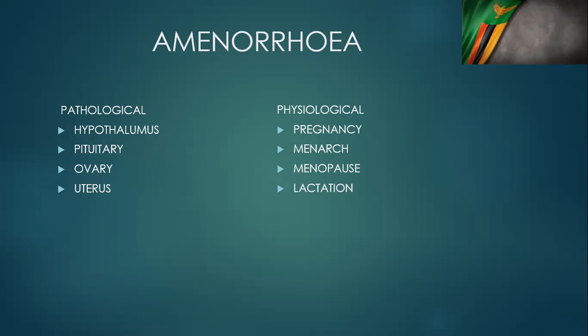Before you attain menarche, you're not having menses, because that's physiological amenorrhea. Menopause. Menopause is achieved around 51 years of age on average. We say you have early menopause if the menopause starts before 45 years. We say you have premature menopause when the menopause starts before 40 years. So menopause is a physiological state in which you can have amenorrhea.